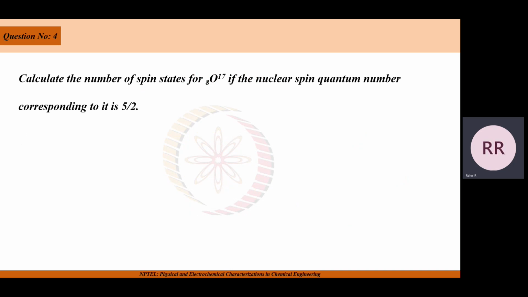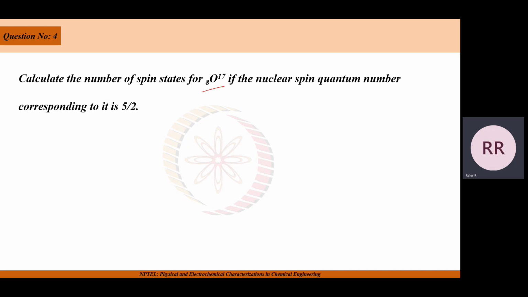Calculate the number of spin states for the oxygen atom with the corresponding atomic number and mass number, if the nuclear spin quantum number corresponding to it is 5 by 2. This is a numerical question, and I think you may need a bit more time to solve this one. So I will read the question once again.